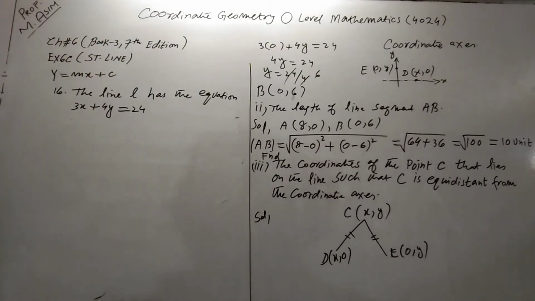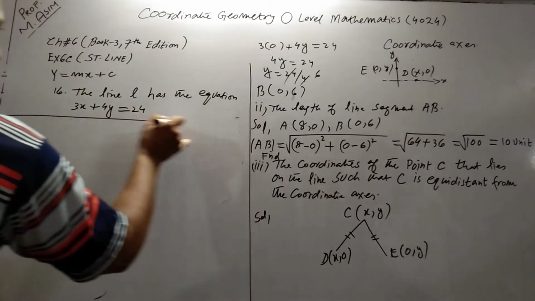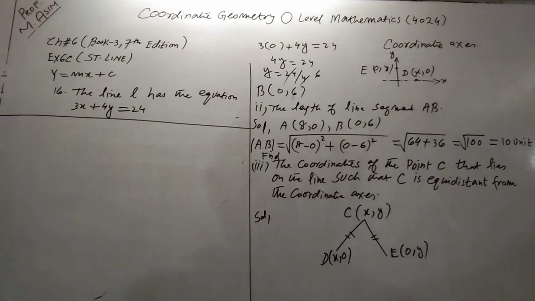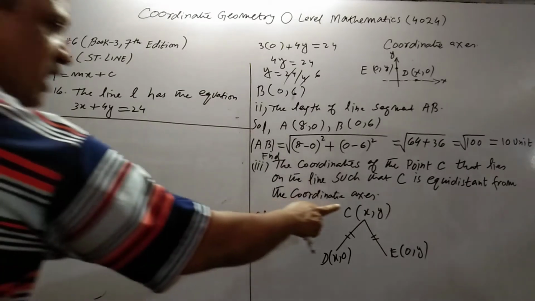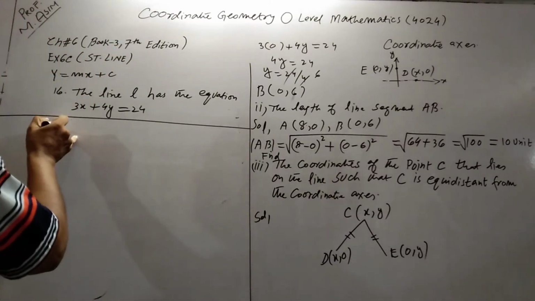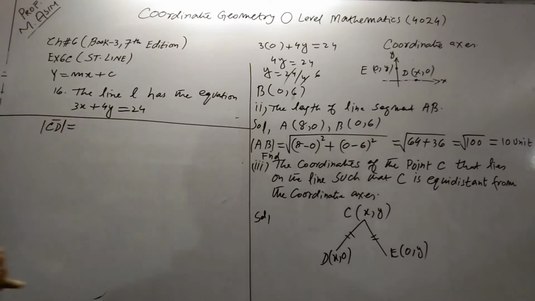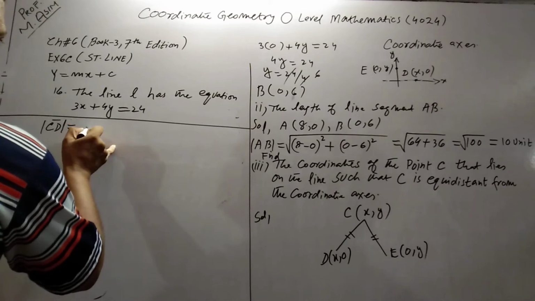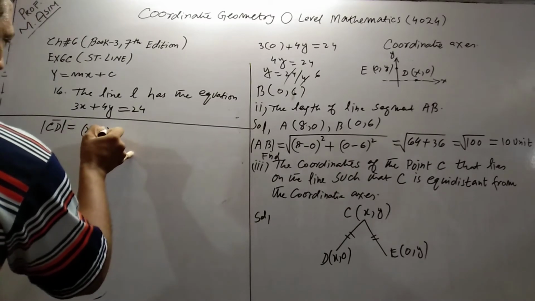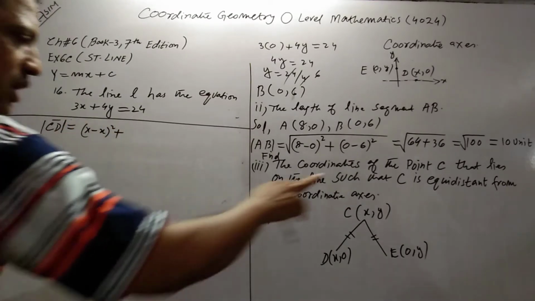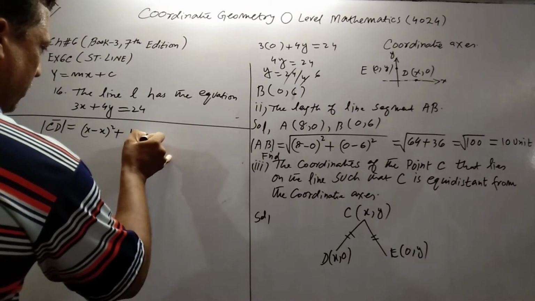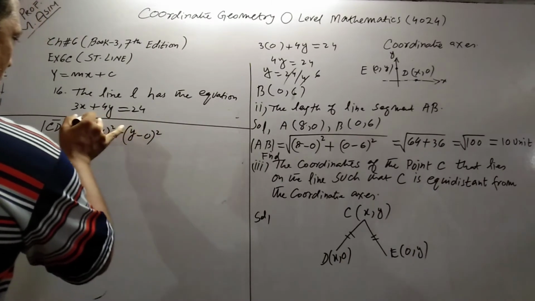See carefully. First we have to find the distance between CD. The distance between CD is the square root of (x minus x) square plus (y minus 0) square.